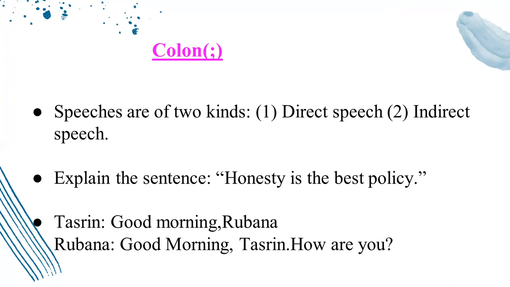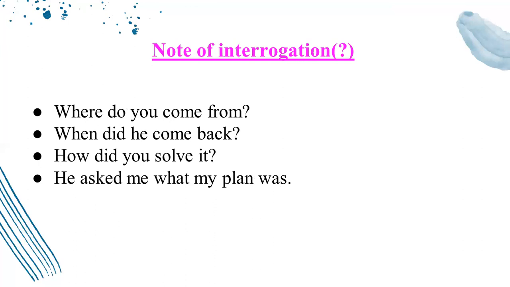Okay, note of interrogation. Here are four sentences. The first three are direct questions. First one is, where do you come from? Next, when did you come back and how did you solve it? These three are direct questions, and after each question there is a question mark. Note of interrogation has been used.